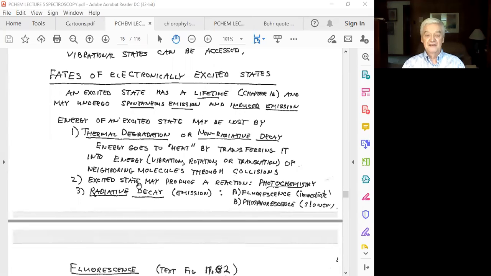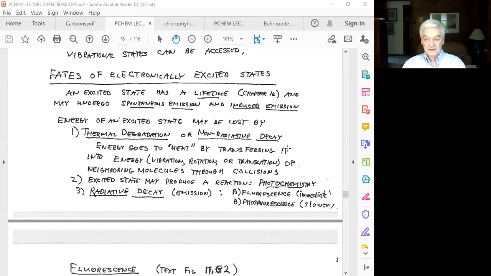The second thing that can happen, and to me this is maybe the most exciting thing, is photochemistry. As I said, we've done a lot of experiments in my own lab just to see how molecules change in the excited state and why they behave the way they do.